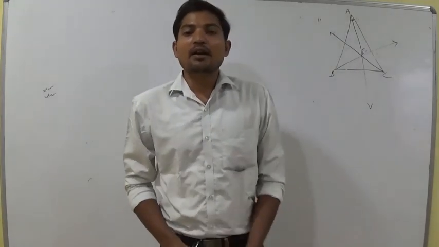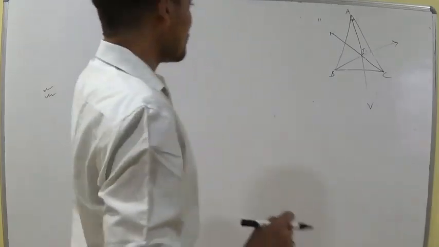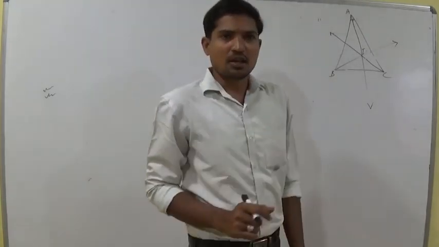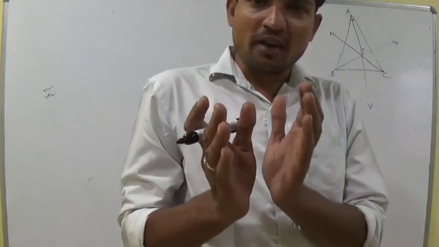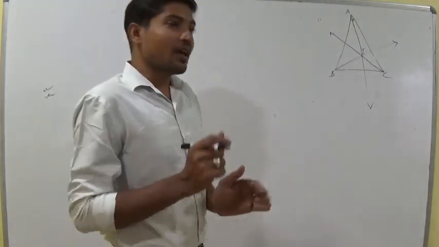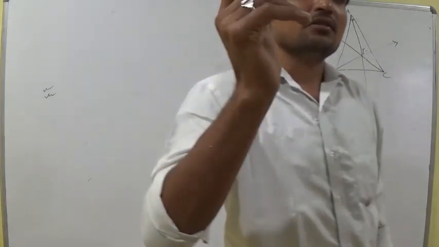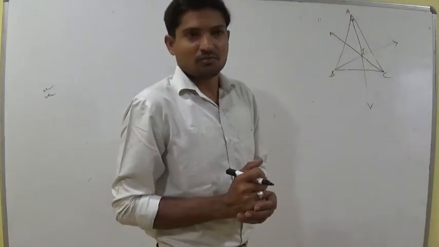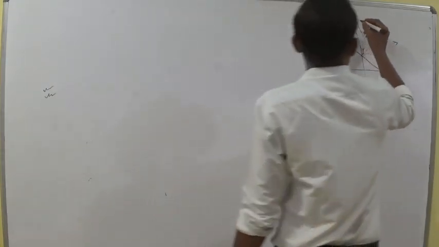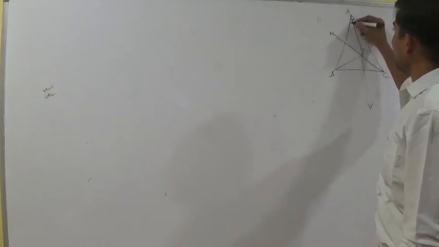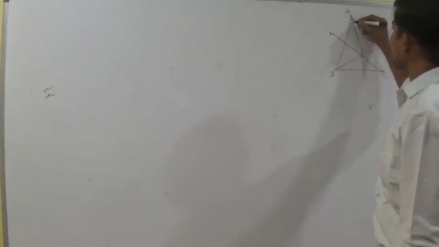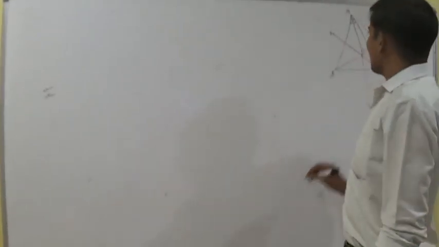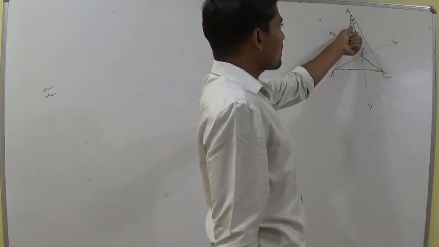Equally inclined pair of angles. Equally inclined pair of lines means the two lines having the same angles with their bisector. Here, suppose this is angle A, small a, and this is B. The angle is equal to A and the angle is equal to B. Let us represent here, this is an angle bisector.